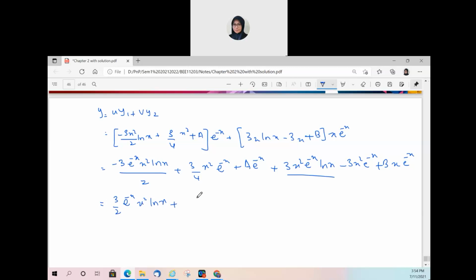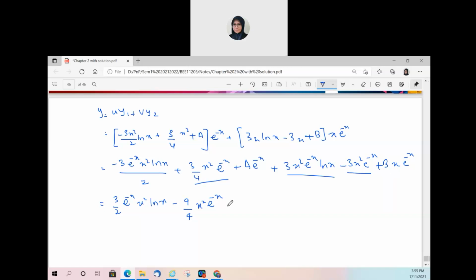Then plus, let's see what else. x squared e^(-x): 3 over 4 minus 3, which is 3 minus 12 over 4, minus 9. So minus 9 over 4 x squared e^(-x).